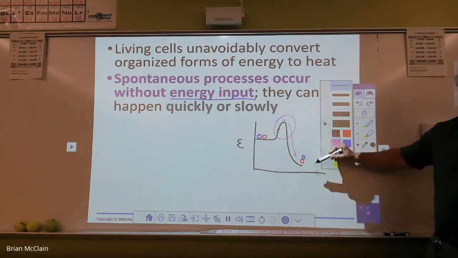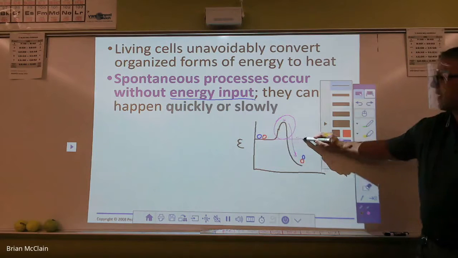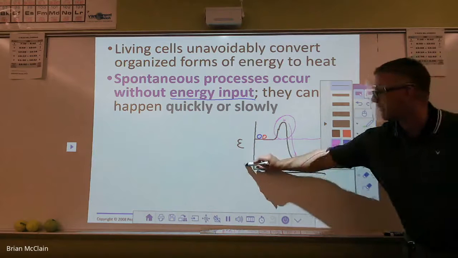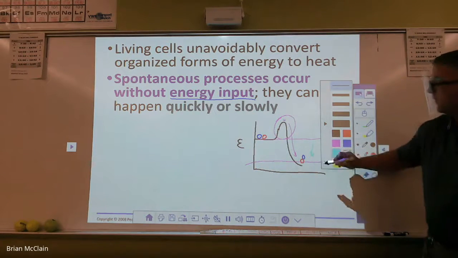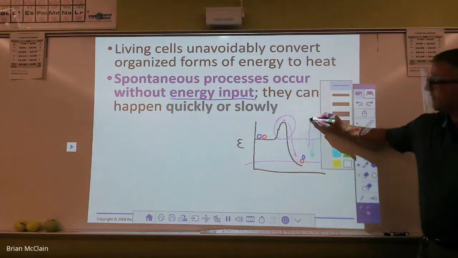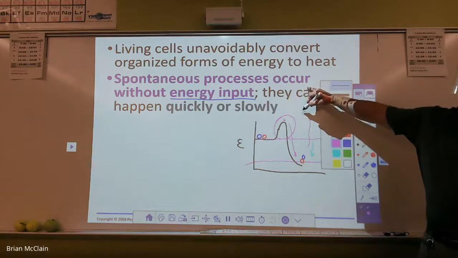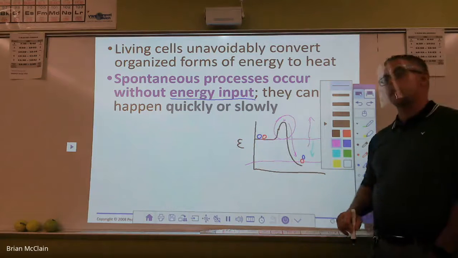So if I compare my initial free energy value with my final free energy value, I've gone down, which means that there was energy released. So in this case, this is a reaction that would be defined as being spontaneous.